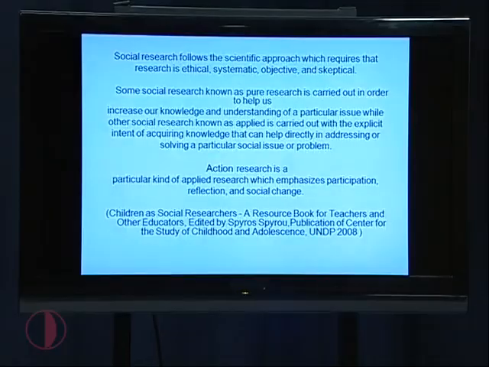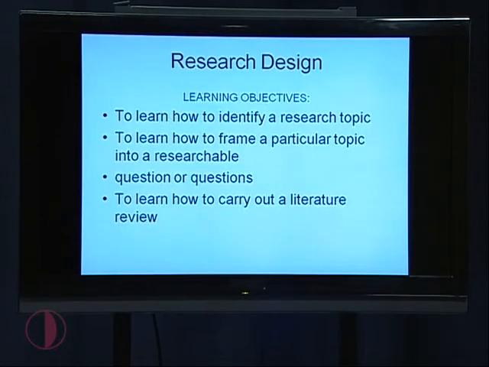So as I covered, some social research known as pure research is carried out in order to help us increase our knowledge or understanding of a particular issue, while other social research known as applied is carried out with the explicit intent of acquiring knowledge that can help us directly in addressing or solving a particular social issue or problem. Action research is a particular kind of applied research that emphasizes participation, reflection, and social change.